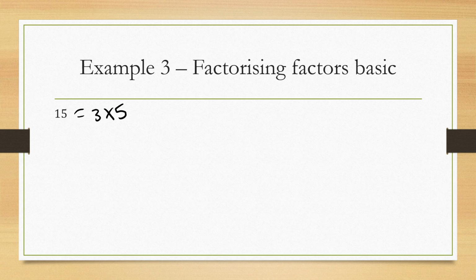So that is a factor pair of 15. Or the other factors will be 1 and 15, but I'm just going to take 3 and 5 because it's the easiest one. This is just an example to show you what factors are.